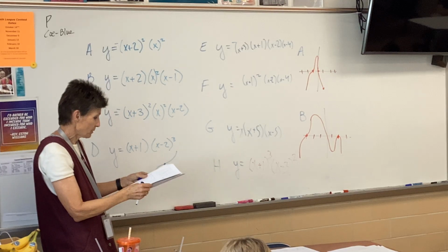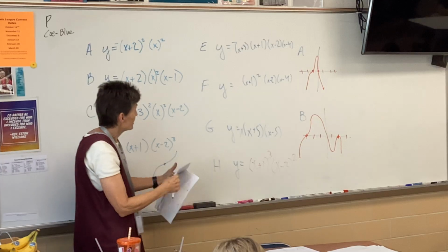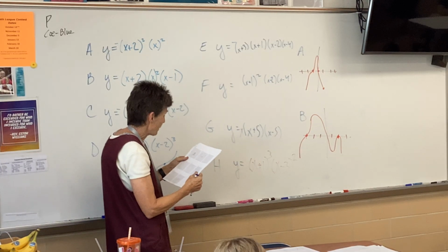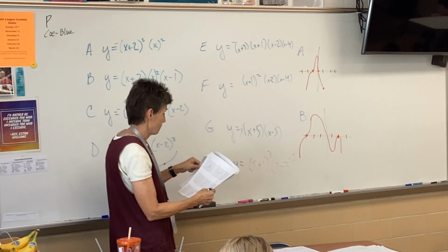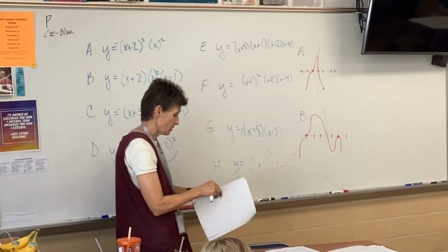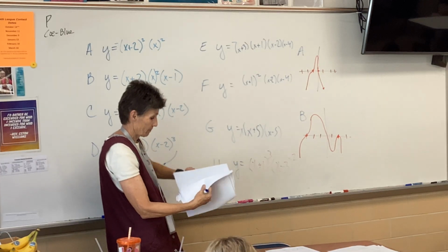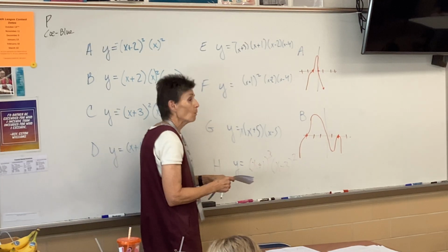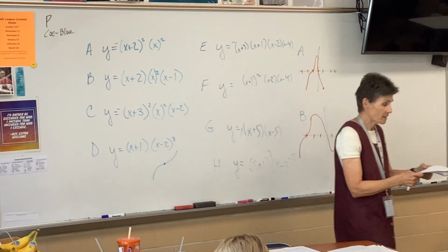All right, what do you think about Celeste's pictures? She got the first two done. What do you think about those? I need to look at the equations here. I think my B's wrong. What is the degree of equation B?